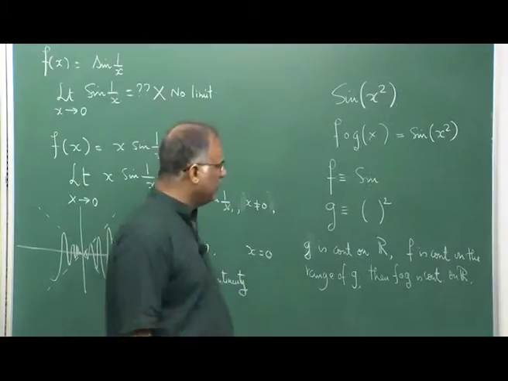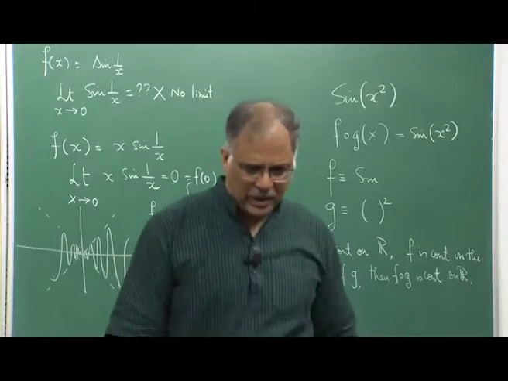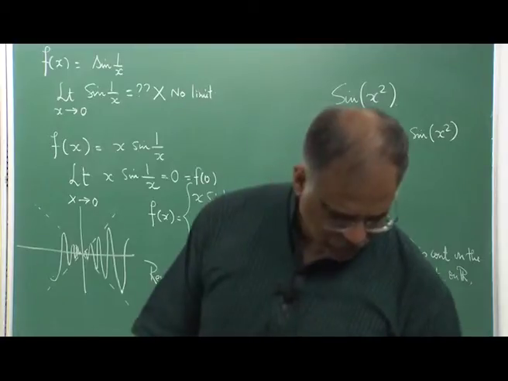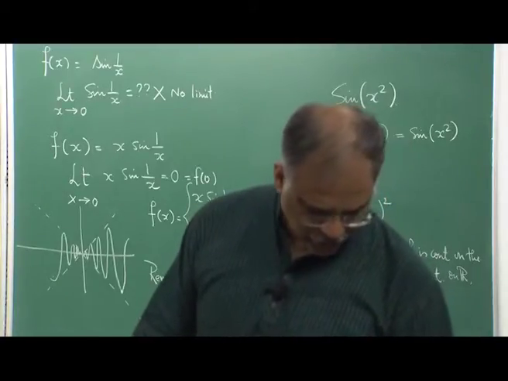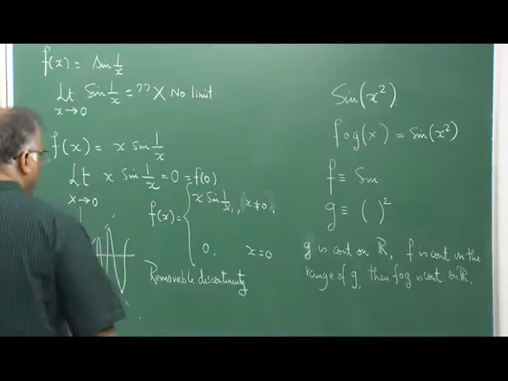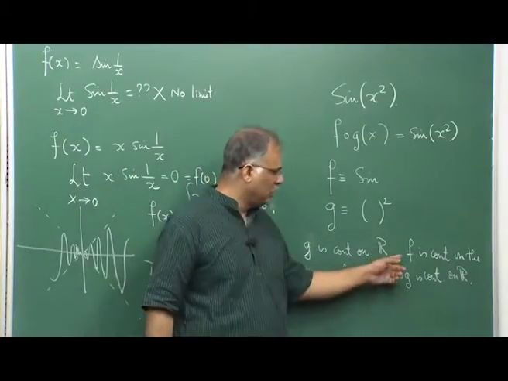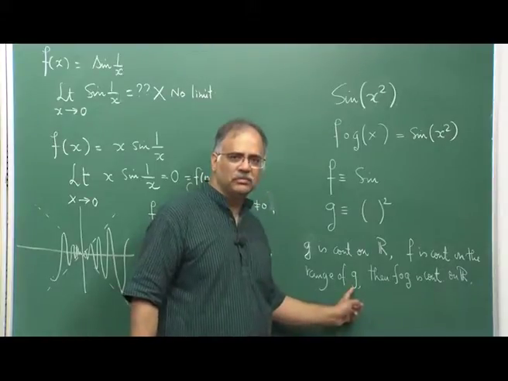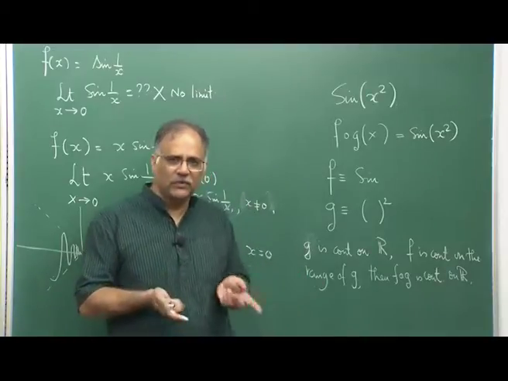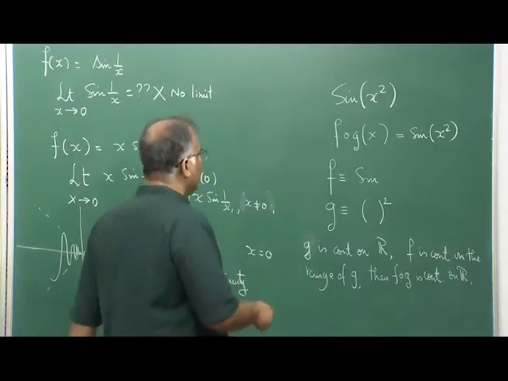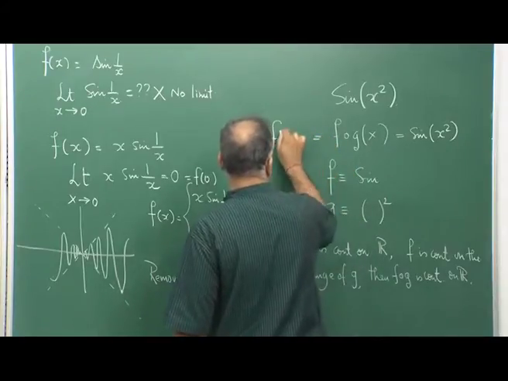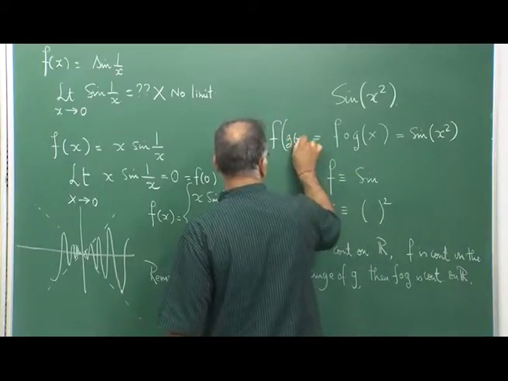This is a result which appears absolutely simple, but you can actually go ahead and prove it. You have to understand that the continuity of f is not on R, but on the range of g, because f is acting on the range of g, because f compose g means f of g(x).